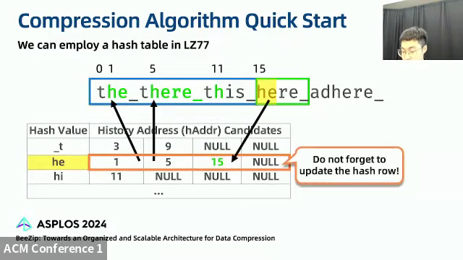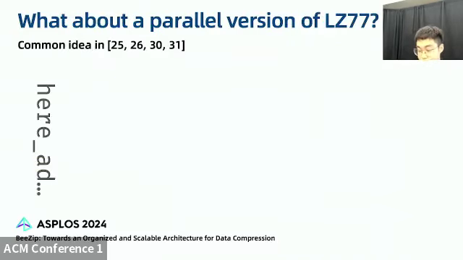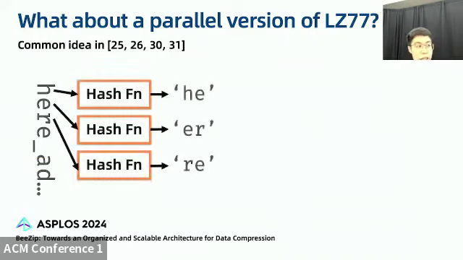As you can see, the control flow of LZ77 is heavily data dependent. So what about a parallel version of LZ77? Let me review a common idea in previous studies. Firstly, we need to compute the hash values in parallel. Multiple input positions, here 3, are taken into consideration and we get 3 hash values.